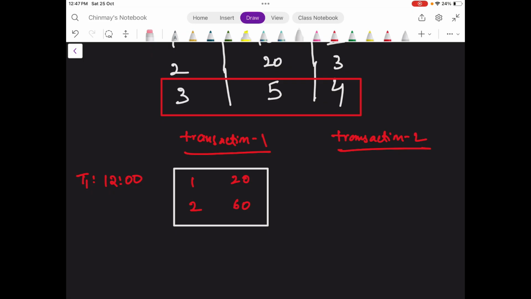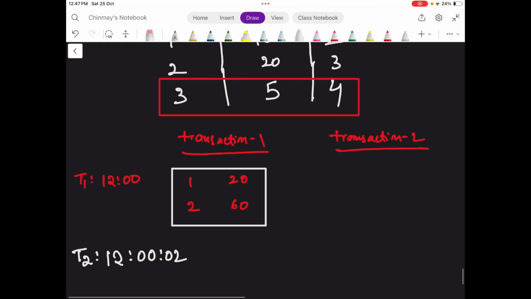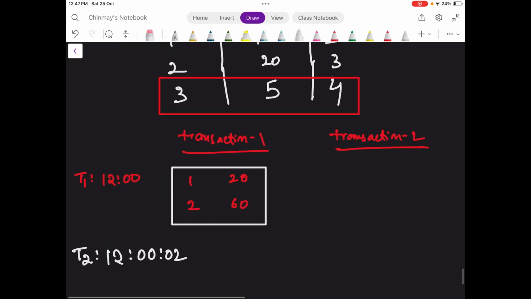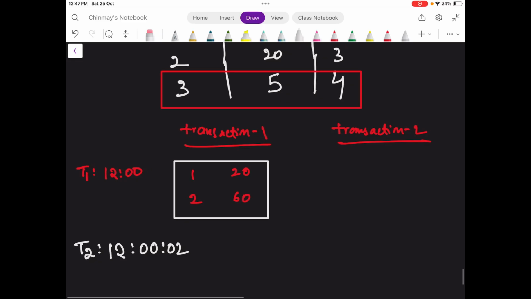At time t2, 12:00:02, from transaction 2 there is an update, that means an insert into the database happens.